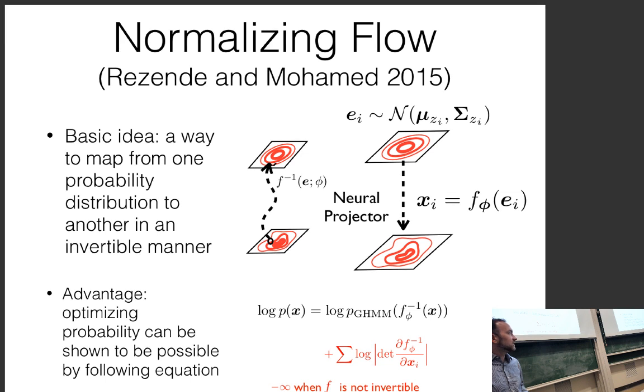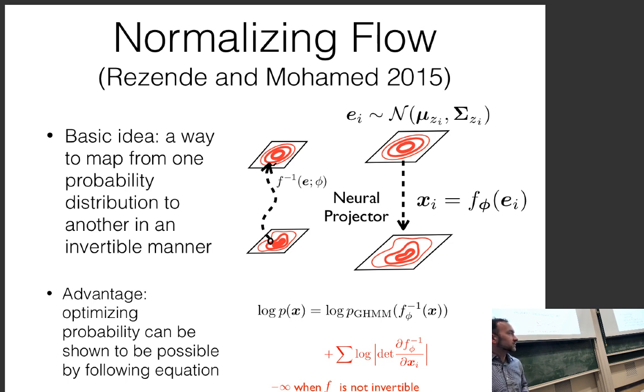But instead of having the Gaussian hidden Markov model over something that maps directly here, we do this over the inversion of our actual neural projection function. And you can show by doing a little bit of math that if you take this log probability and add the log of the determinant of the Jacobian of this function, this allows you to optimize this in a principled way that actually is maximizing the likelihood of the points that you got in your data distribution.